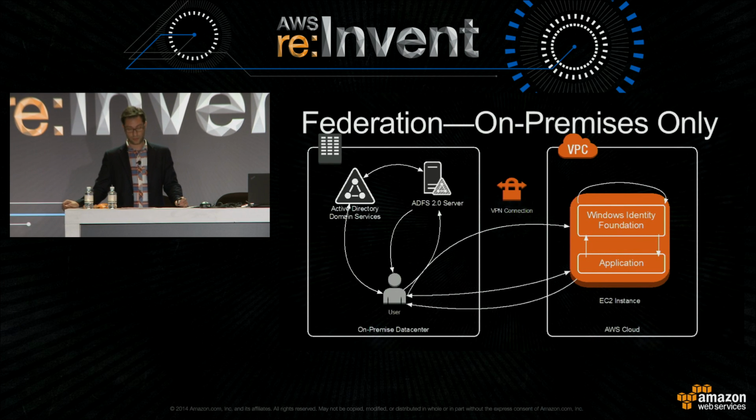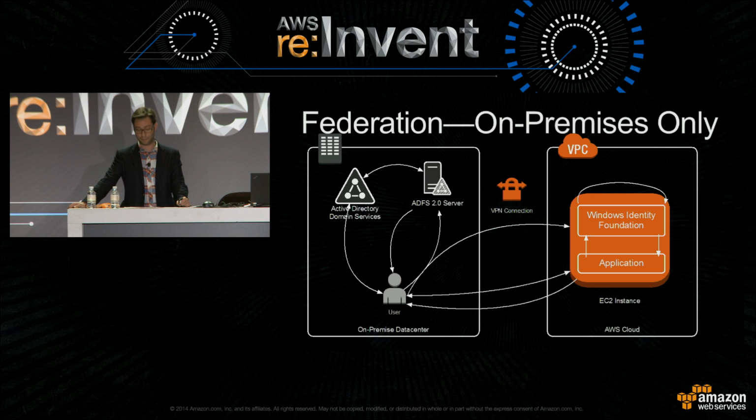So in this example, a user in an on-premise Windows domain wishes to gain access to Windows applications that are running in Amazon EC2. We leverage the Windows Identity Framework here, which has been installed on the EC2 instance in which the application is running.